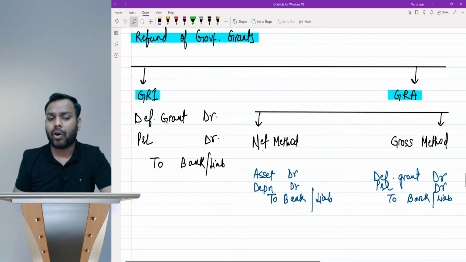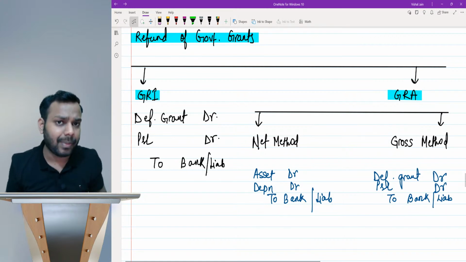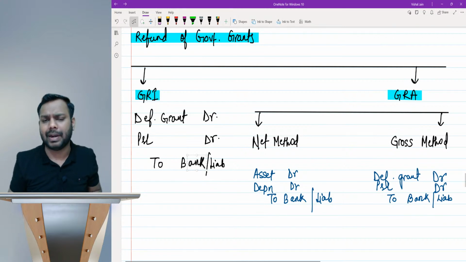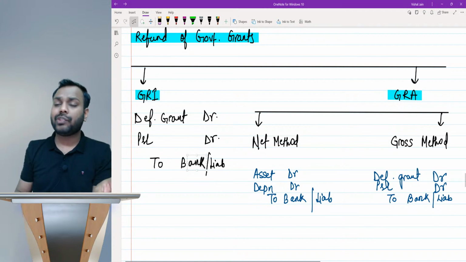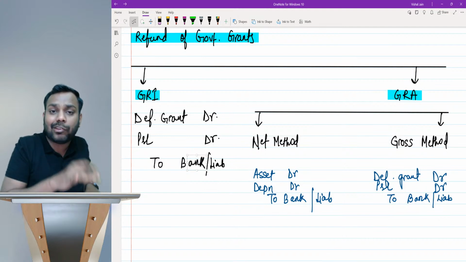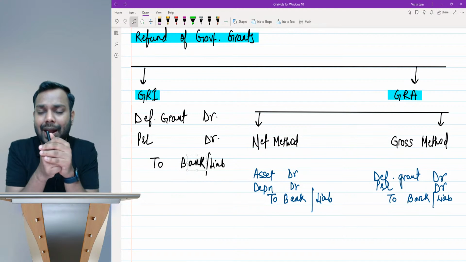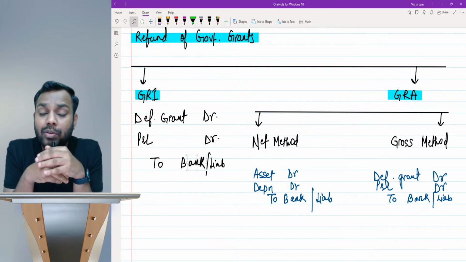So to bank or a liability, we will at least record a liability. If it becomes refundable and we have not yet paid, it is a liability, right? So either bank or liability we have to record. Now see, first of all we will adjust from the deferred grant. If any excess has to be paid, let's suppose we have a balance in the deferred grant of 5,000, but we have to repay an amount of 6,000.